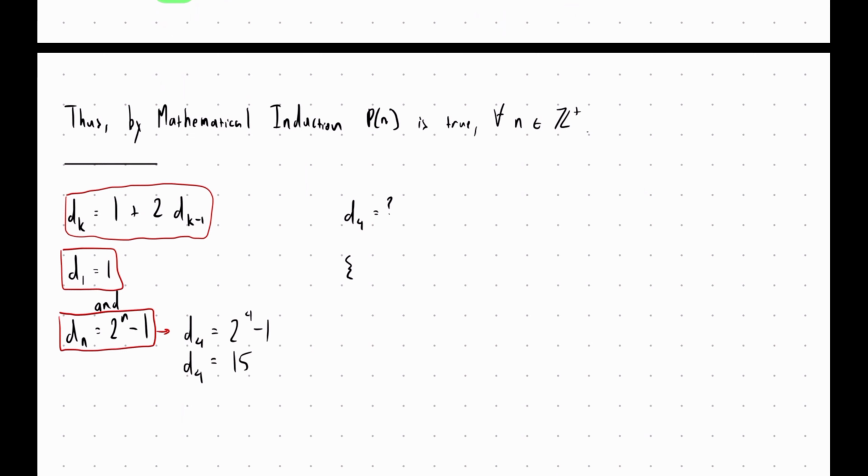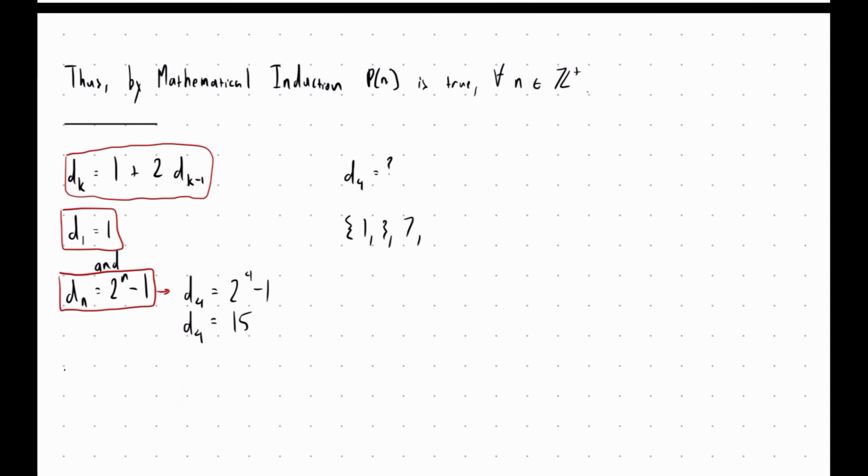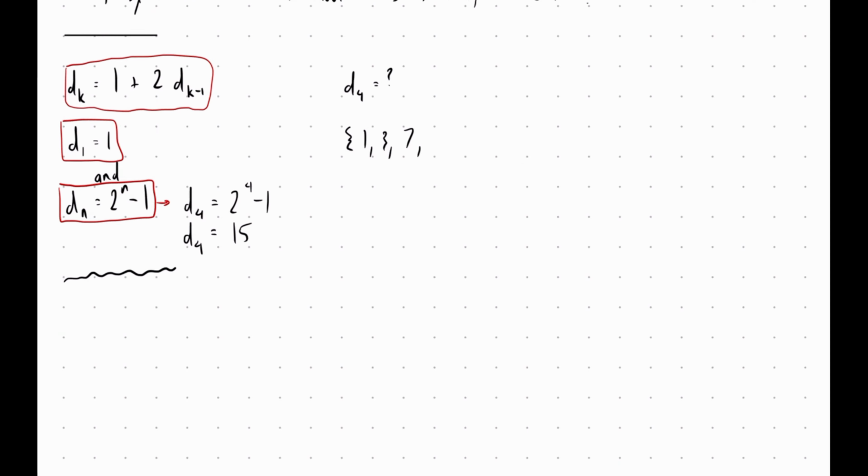F of 1 is 1. F of 2 is 1. And f of k is f of k plus f of k minus 1, and this is for k greater than or equal to 3.